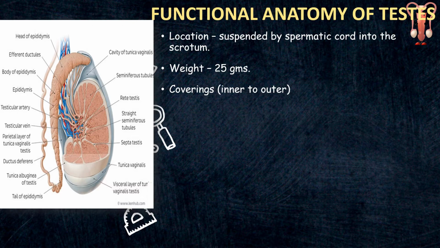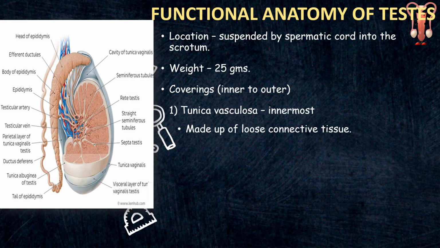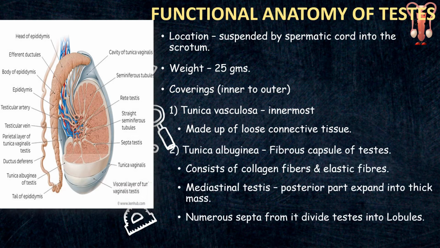Each testis from inner to outer is covered by three layers. The innermost layer is the tunica vasculosa. This covering is made up of loose connective tissue, rich in blood vessels.